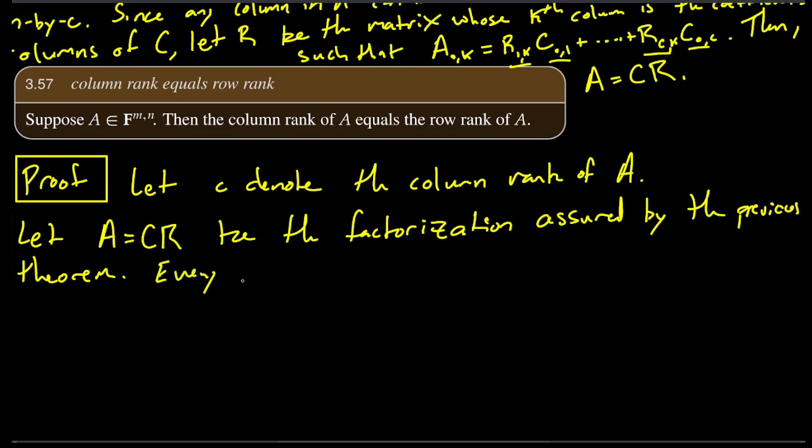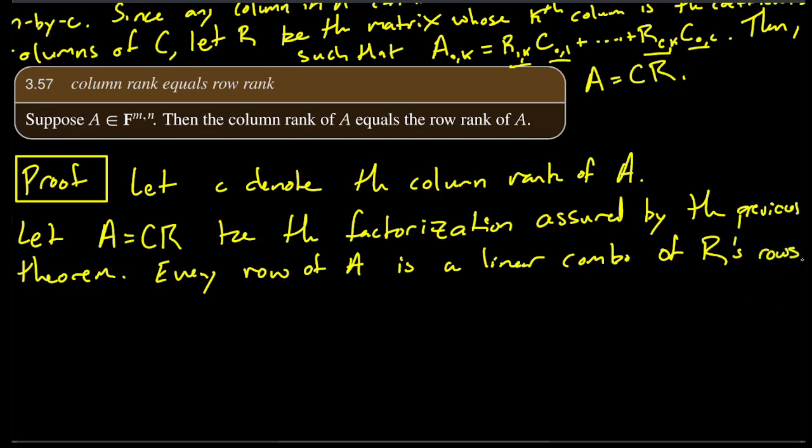Well, we're going to notice that every row of A is a linear combo of what? The rows of the second matrix here, of R. So I will get rid of that there so it doesn't look confusing, like I'm saying some special R bar or something. Linear combo of R's rows.